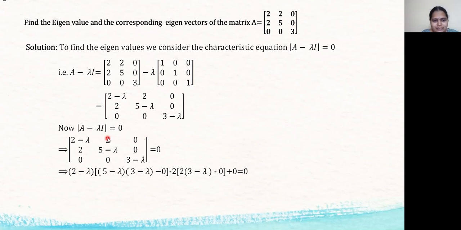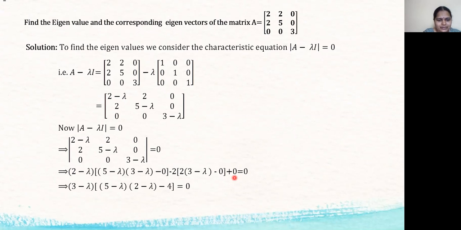For the second element we write minus 2 into 3 minus lambda minus 0, as we have written here, plus the third element is 0, 0 into something is 0, that is why I am not writing anything. If we take 2 into 0, 0 minus 0 into 5 minus lambda, we also get 0 for the third element. This is the determinant.